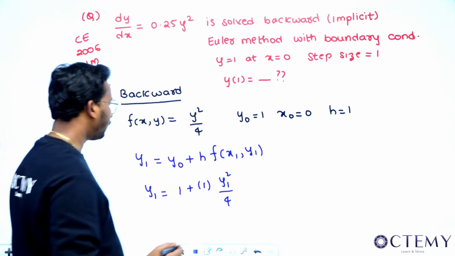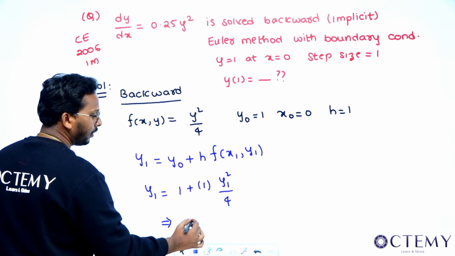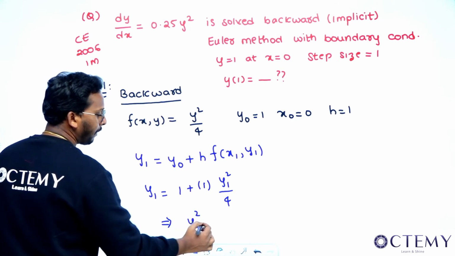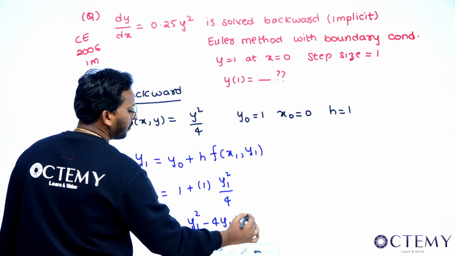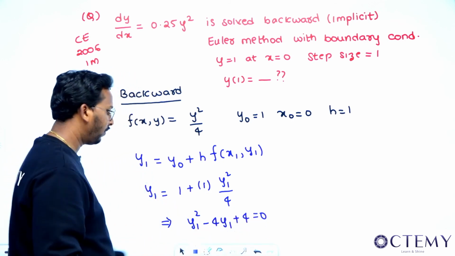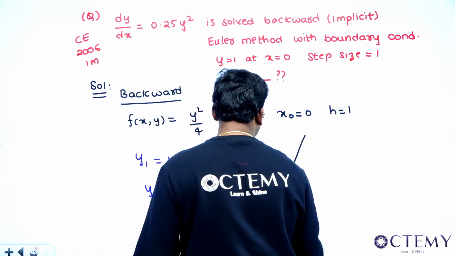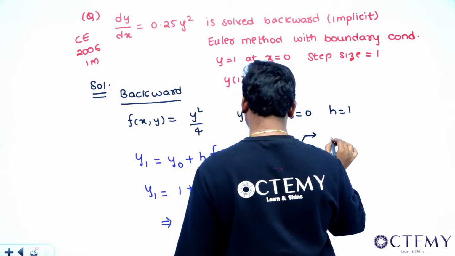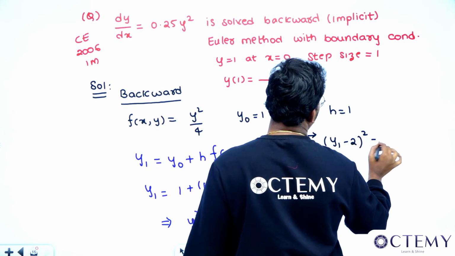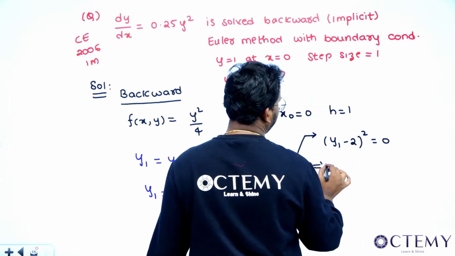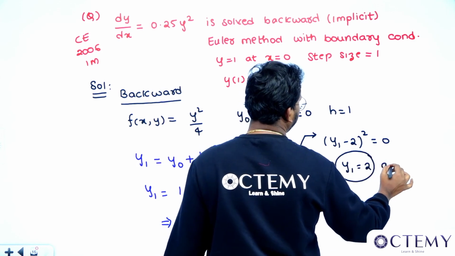So this will become y1 square minus 4y1 plus 4 is equal to 0. So if you solve this, see what will you get, sir? This would become y1 minus 2 whole square is equal to 0, which implies y1 is equal to 2. This is the answer.